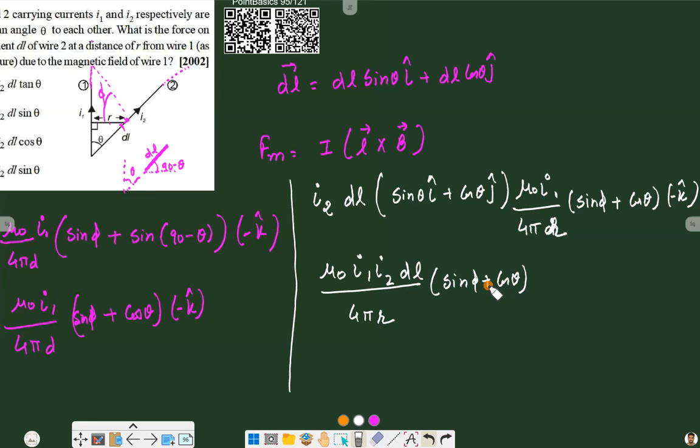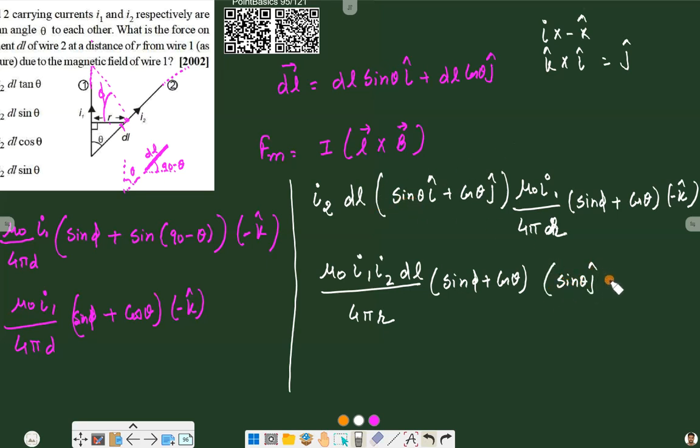plus cos theta). Now going to the cross product: i cross negative k, we can write as k cross i, and that will be j. So sin theta j.